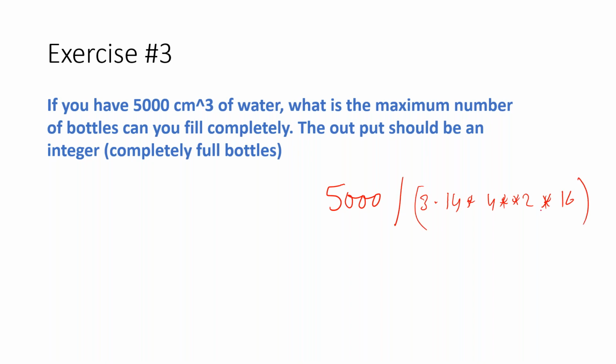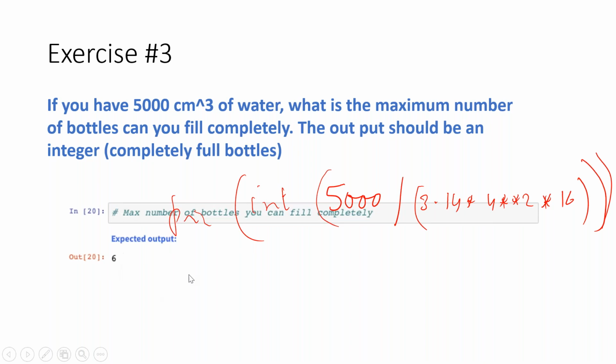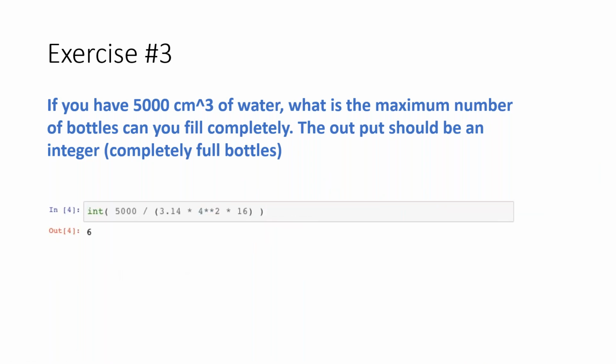This 5000 divided by that will give a number, but bottles will not be float numbers. Bottles are always ints. So I convert everything into an int and then print it. Then you will get an output like this: 6 bottles. Okay.